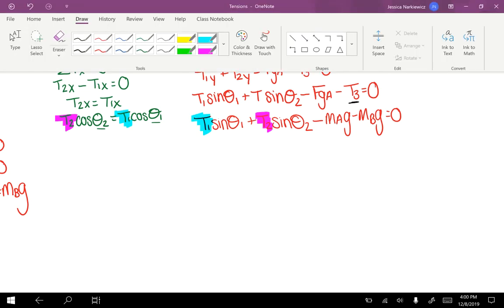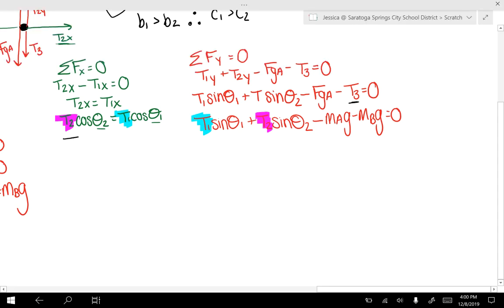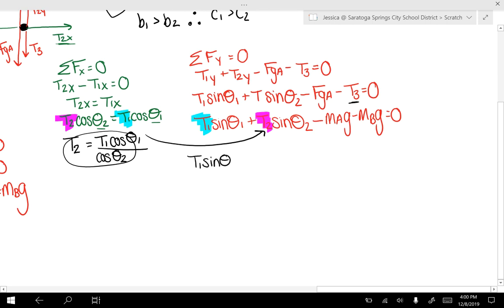So I'm going to rearrange this equation for T2. T2 equals T1 cos theta 1 over cos theta 2, and then I can take this equation and plug it in for this T2 there. Now, what's really tricky is we've got to remember that the subscripts are important, so we have to watch out for sine theta 1 versus sine theta 2, or cosine theta 1 over cosine theta 2.